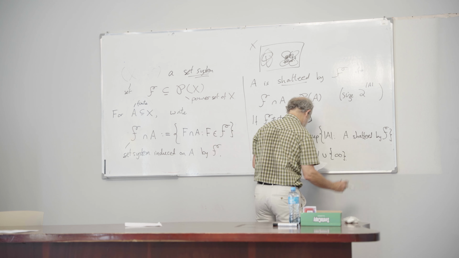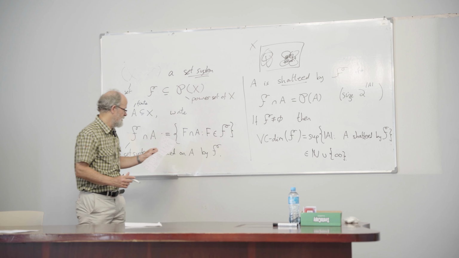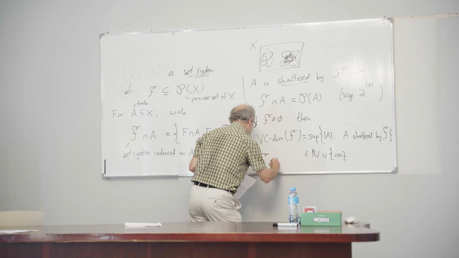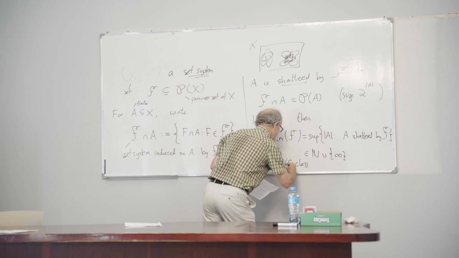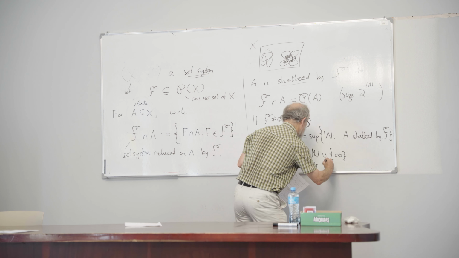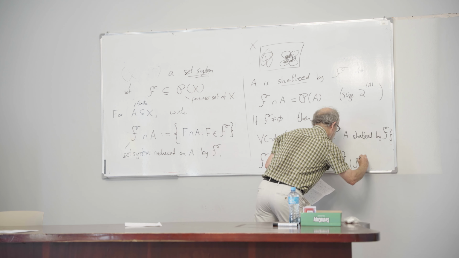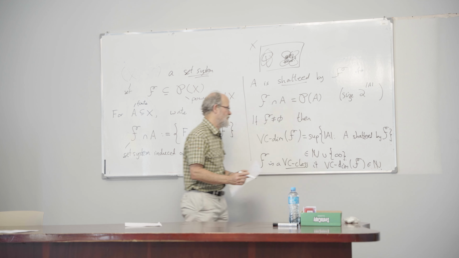That's how it's interpreted. And F is a VC class if the VC dimension of F is in N, so there is a largest size of set shattered by F.